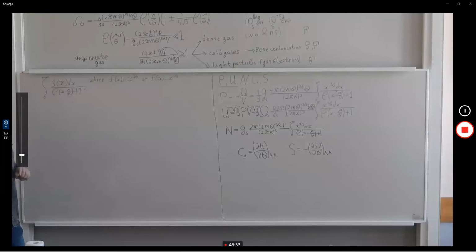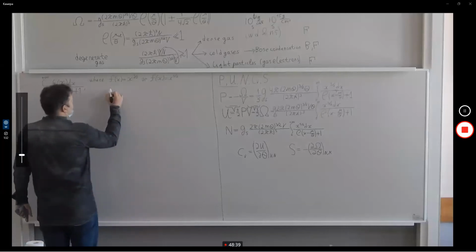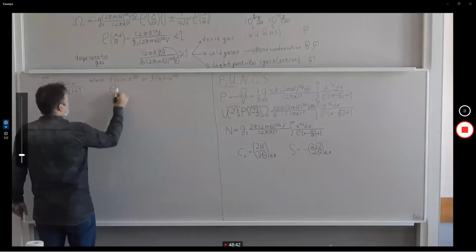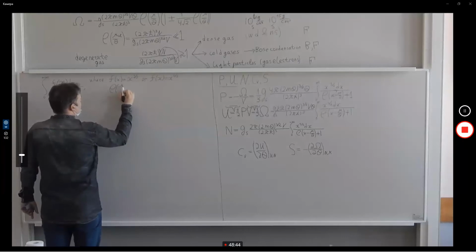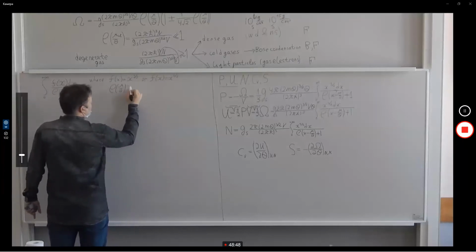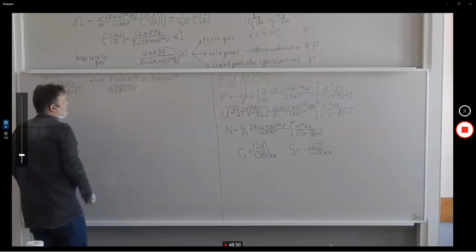And we remember that gas is degenerate. So the exponent argument μ over θ is much bigger than 1.